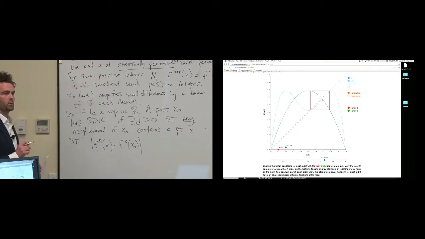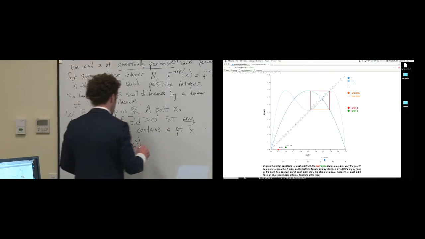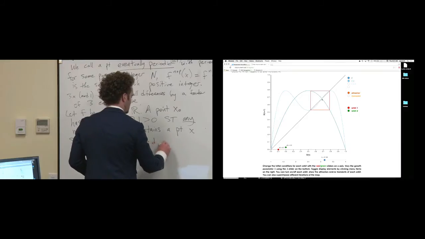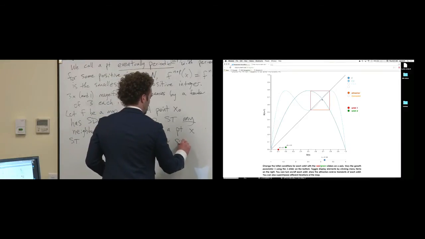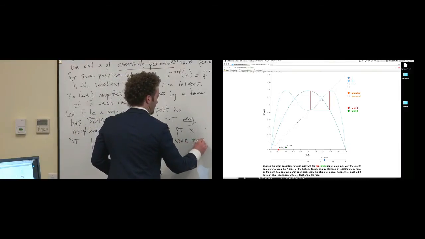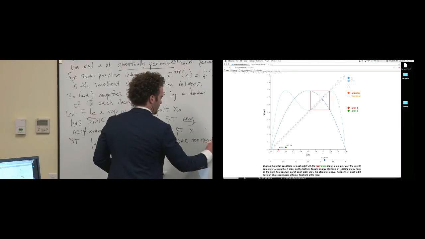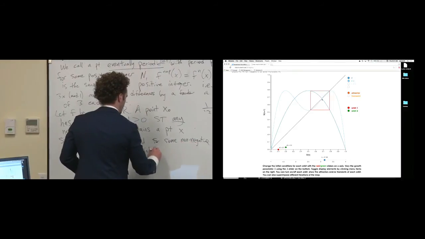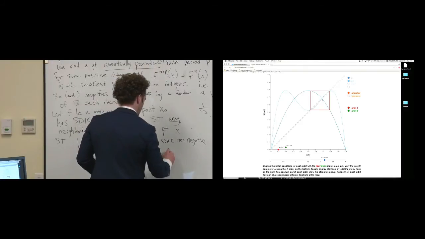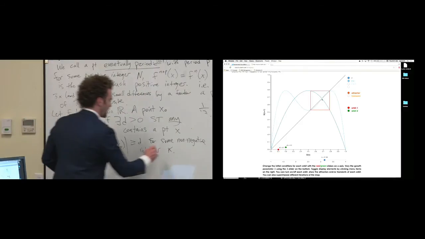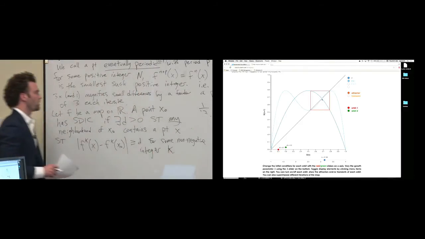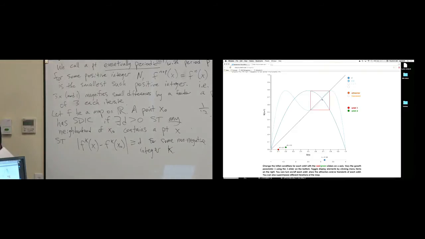Got a point x, I got a point x0. They're near each other. I iterate them both forward under the map k times. And I find that their difference is bigger than or equal to d for some non-negative integer k, then I will say that the point x0 has sensitive dependence on initial conditions.